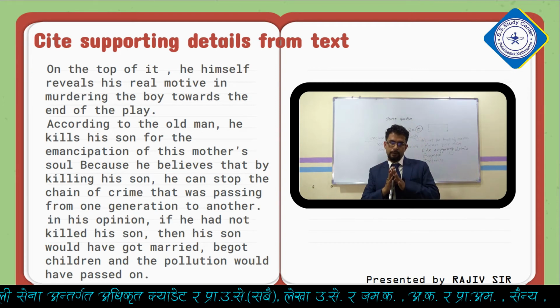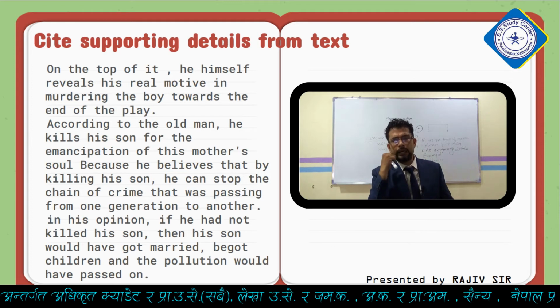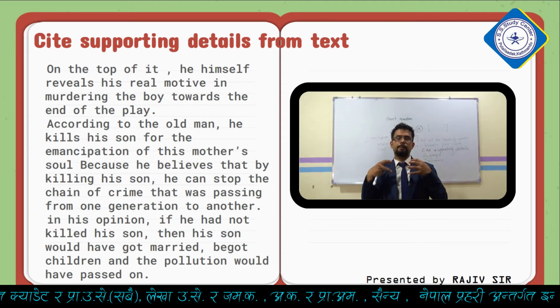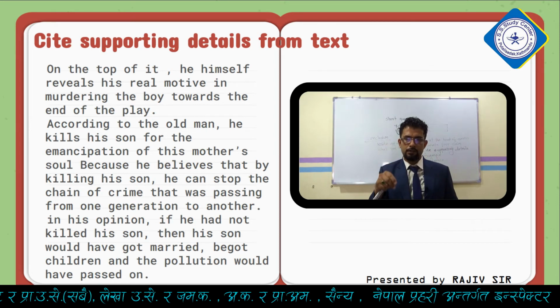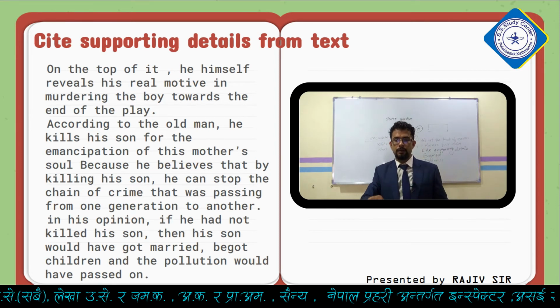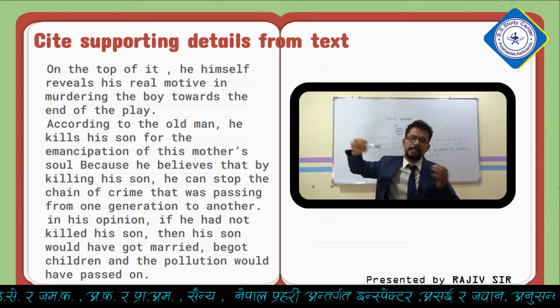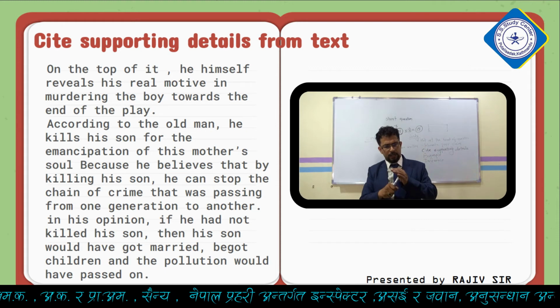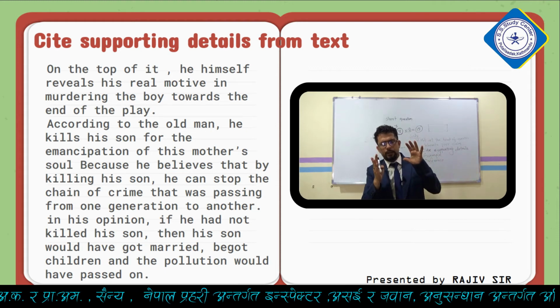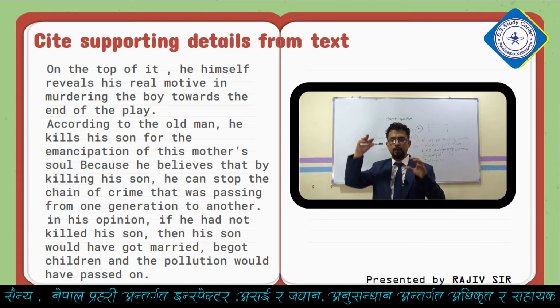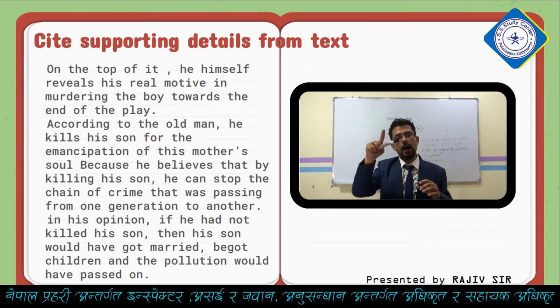According to the old man, he kills his son for the emancipation of his mother's soul, because he believes that by killing his son, he can stop the chain of crime that was passing from one generation to another.